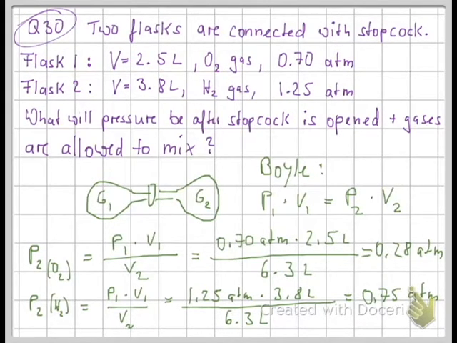So then you use Dalton's law of partial pressures to get the total pressure, and essentially all you have to do is add these two pressures together. Sorry, I just can't think straight anymore today. 0.28 plus 0.75 equals 1.03.